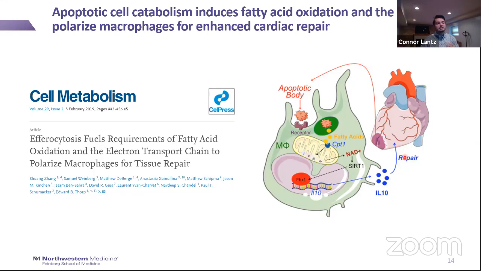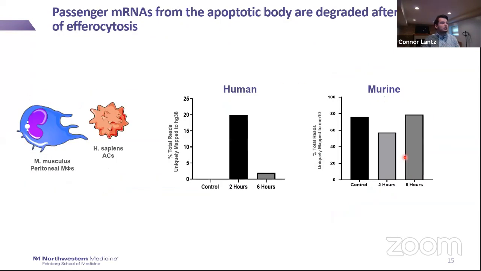Through her studies, she looked at these bulk macrophage populations. And so I really wanted to look at how the metabolism of a single macrophage changes within my data set. As I previously mentioned, I performed this efferocytosis assay with two cells from two distinct organisms.